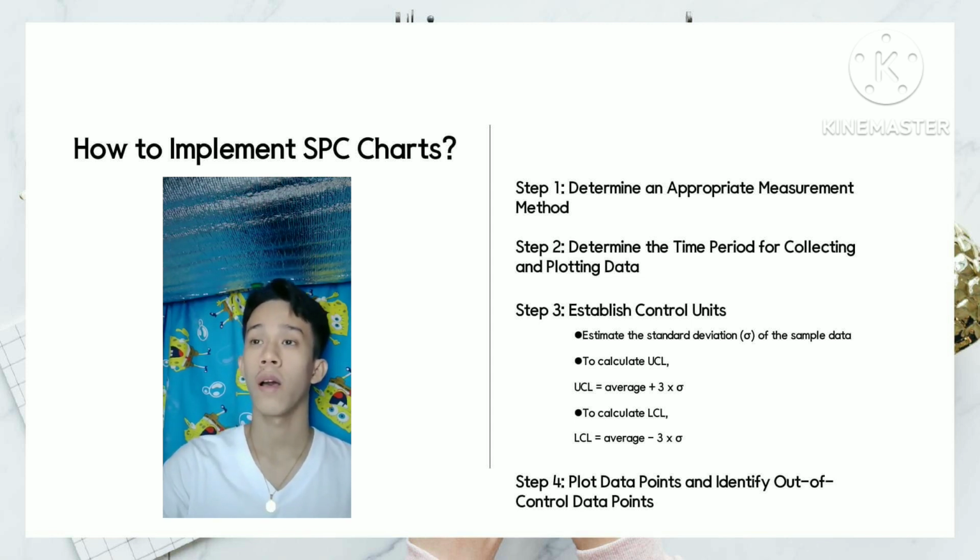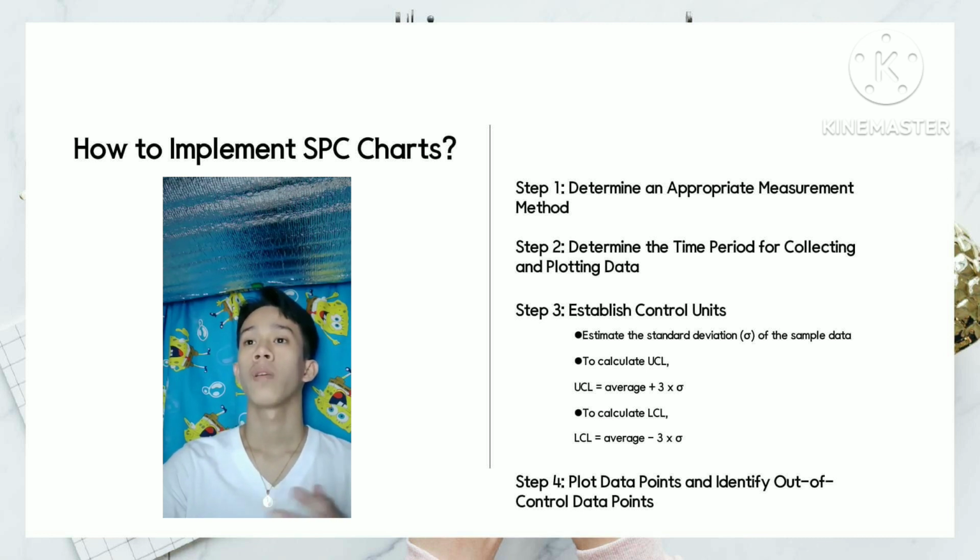Once you have plotted the data points, you can look for patterns in them. Recognizing these patterns is the key to finding the root cause of special causes. Some of these patterns depend on certain zones.